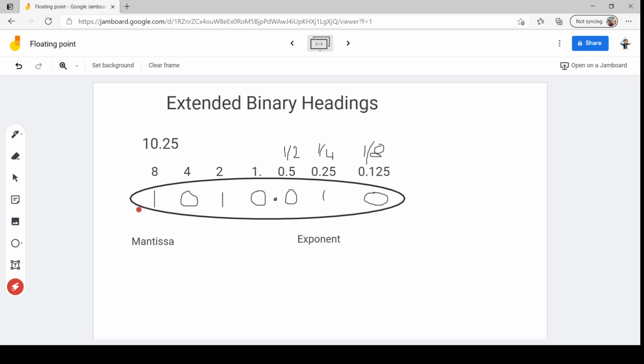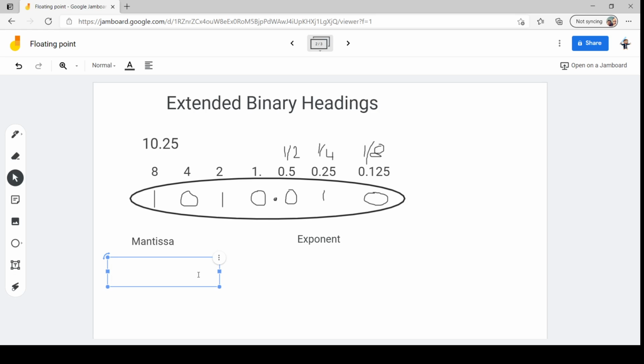So this number becomes 0.101010, and that number is our mantissa, because remember, the mantissa is the full number without the decimal point.